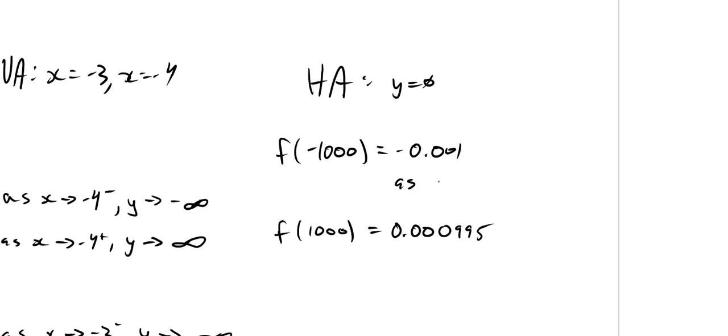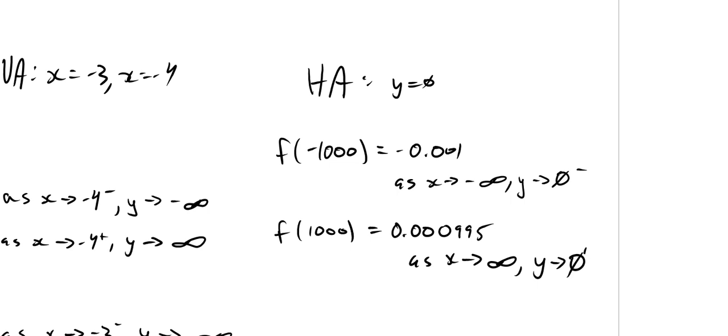So for this one, as x goes to negative infinity, because x is getting really, really big negative, y is approaching its asymptote, 0, from below. And for this one, as x goes to positive infinity, y is approaching the asymptote, 0, from above. I just want to really point out that vertical and horizontal are quite different.